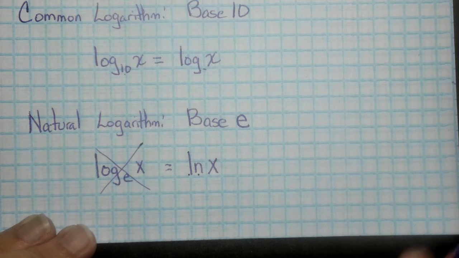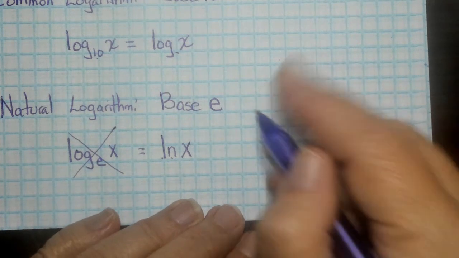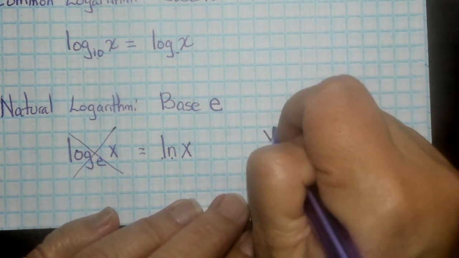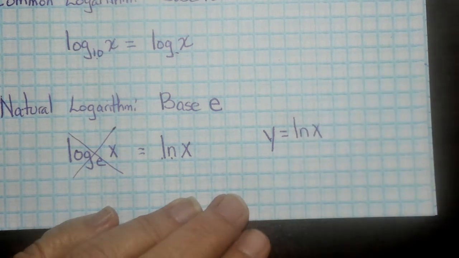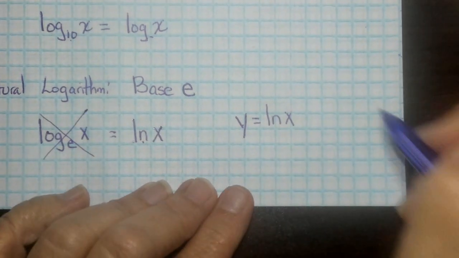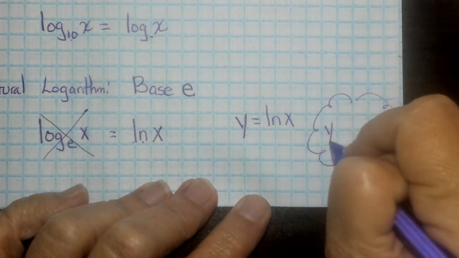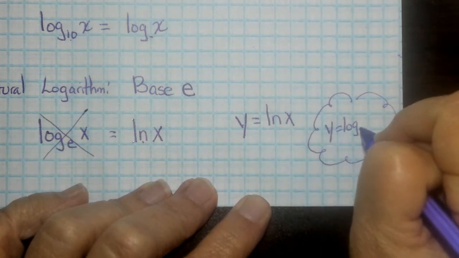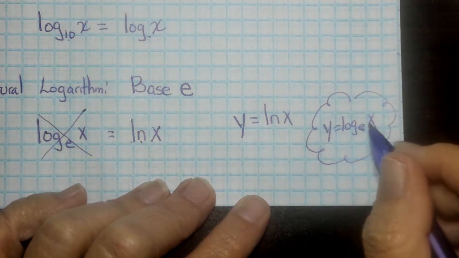So let's think about how we would change a natural log into an exponent. So if I had the equation y equals the natural log of x, in my brain I'm thinking y equals log base e of x. Natural log is base e.